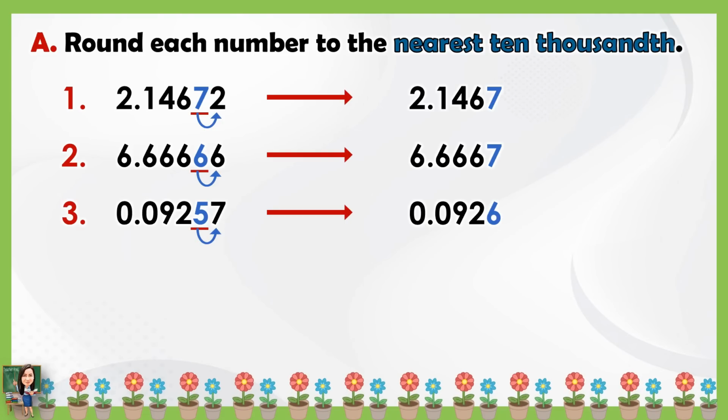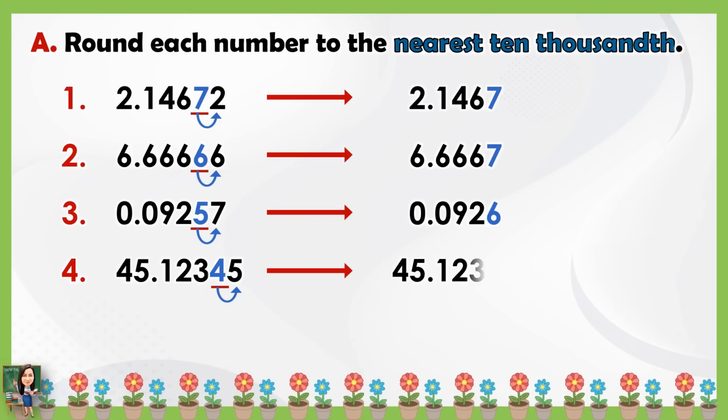The answer is 926 10,000ths. Number 4. 45 and 12,345 100,000ths. The number in the nearest 10,000ths place is 4. The digit to the right of the rounding place is 5. So that means we are going to add 1 to the digit in the rounding place. 4 becomes 5. The answer is 45 and 1,235 10,000ths.